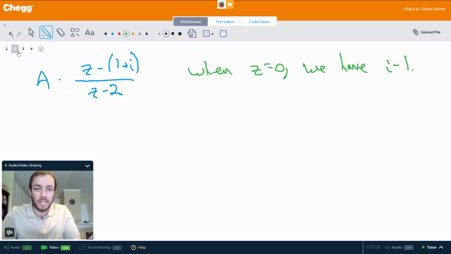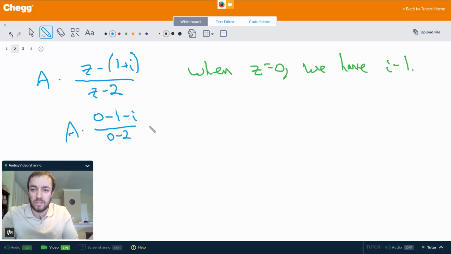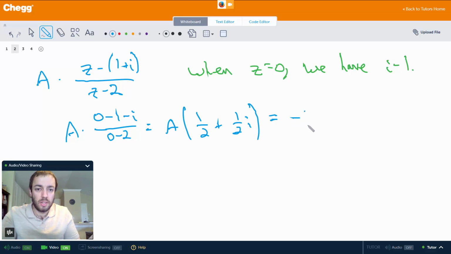So when z equals 0, what do we have in here? We have a times 0 minus 1 minus i over 0 minus 2, which is just a times 1/2 plus 1/2 i. And we know that this is supposed to equal negative 1 plus i, so we can keep this in standard form.